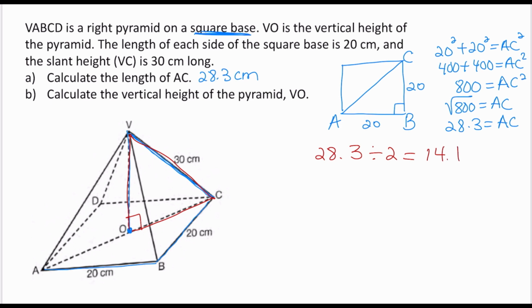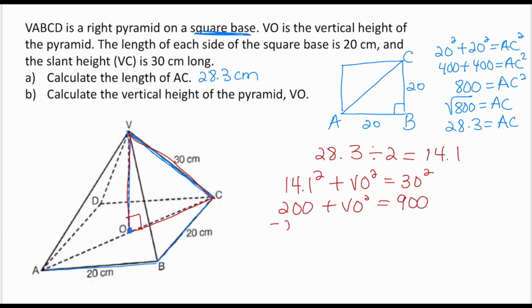So I'm going to go ahead and do the Pythagorean theorem one more time. 14.1 squared plus VO squared is equal to 30 squared. 14.1 squared, I have that entire decimal in my calculator, so when I press square, I get 200 plus VO squared is equal to 900.